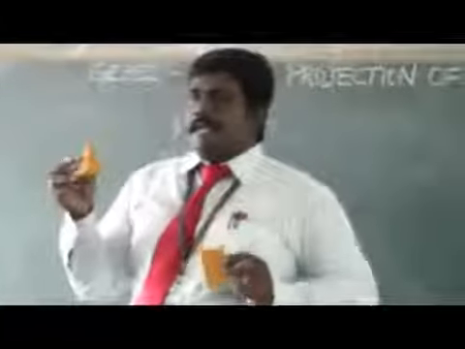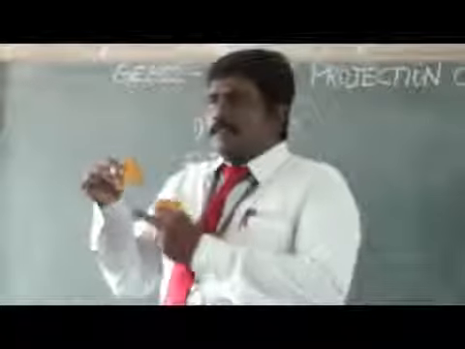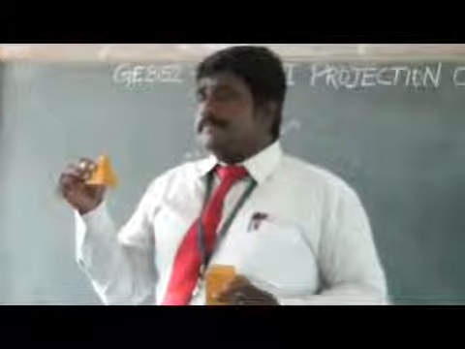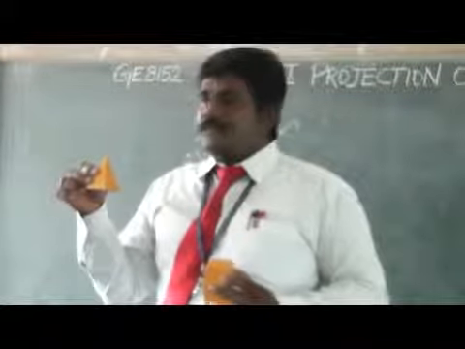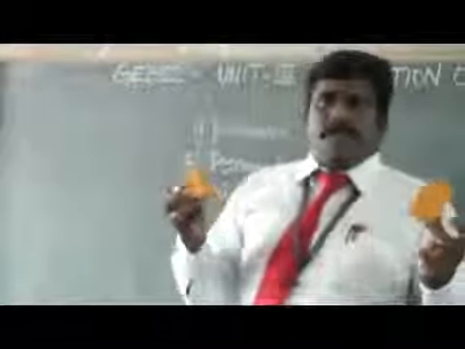Whereas if you take a square pyramid, how many bases are there? Only one base. You have one apex, and how many lateral surfaces, which we call faces? 4. So here also we have 4 faces. So what is the difference you observe between these two solids?